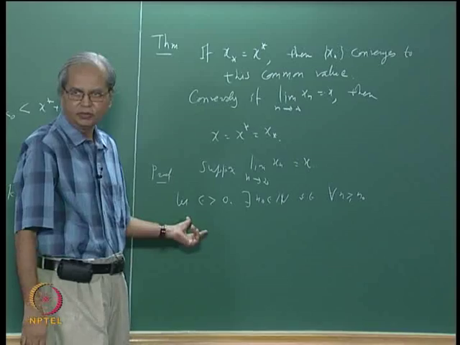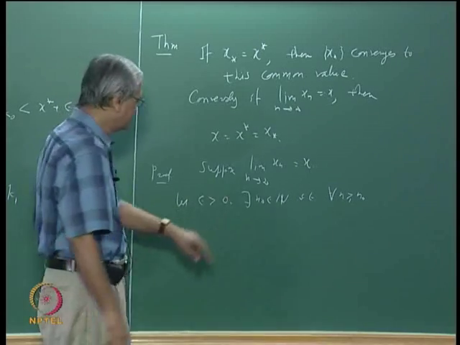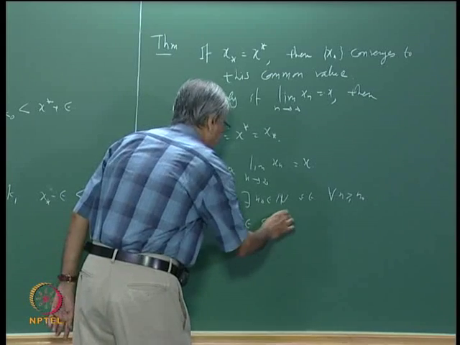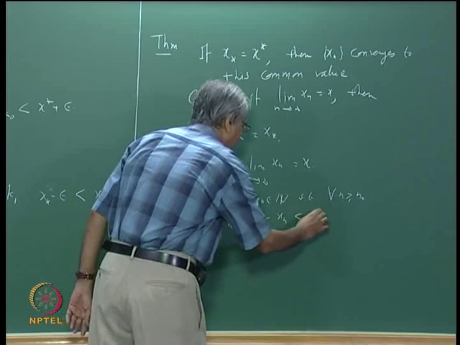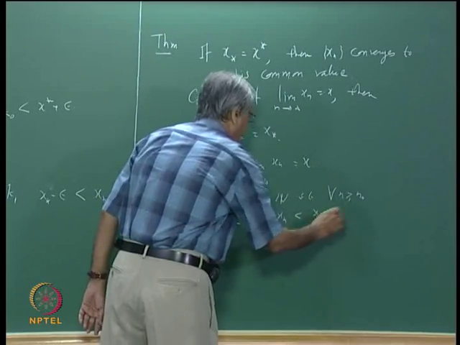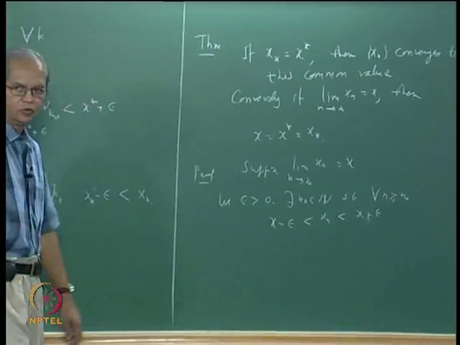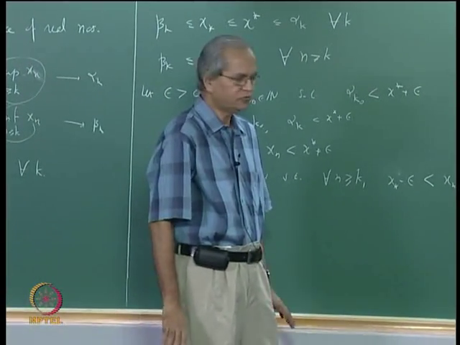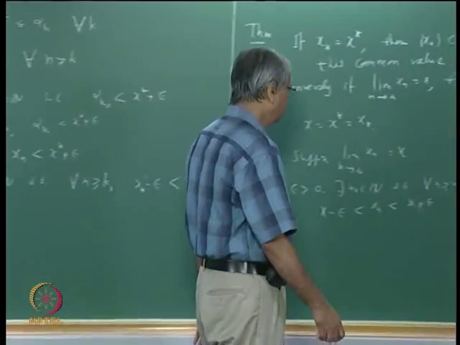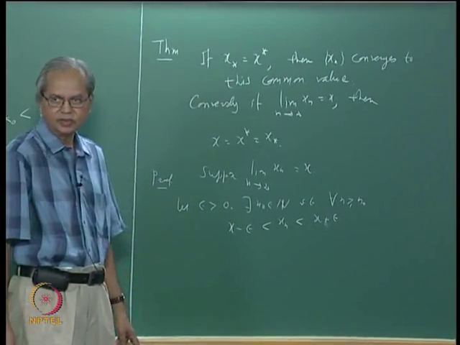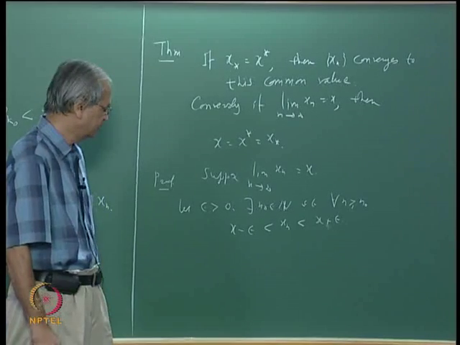I shall write it in this form: x minus epsilon less than xn less than x plus epsilon. In other words, for all n bigger than or equal to n0, x minus epsilon is less than xn less than x plus epsilon.